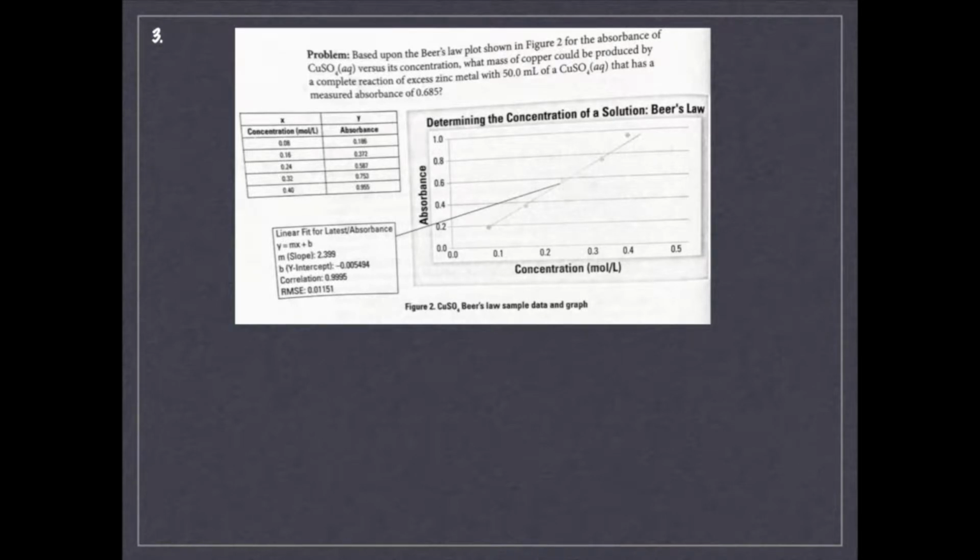Since I've already created this graph, which is the first thing we're going to do in this lab, plotting different concentrations versus absorbances to create a graph that looks just like this, and since you know the absorbance is 0.685, you can then figure out the concentration, and then it's going to be a normal stoichiometry problem. So I just wanted to show you that relationship.